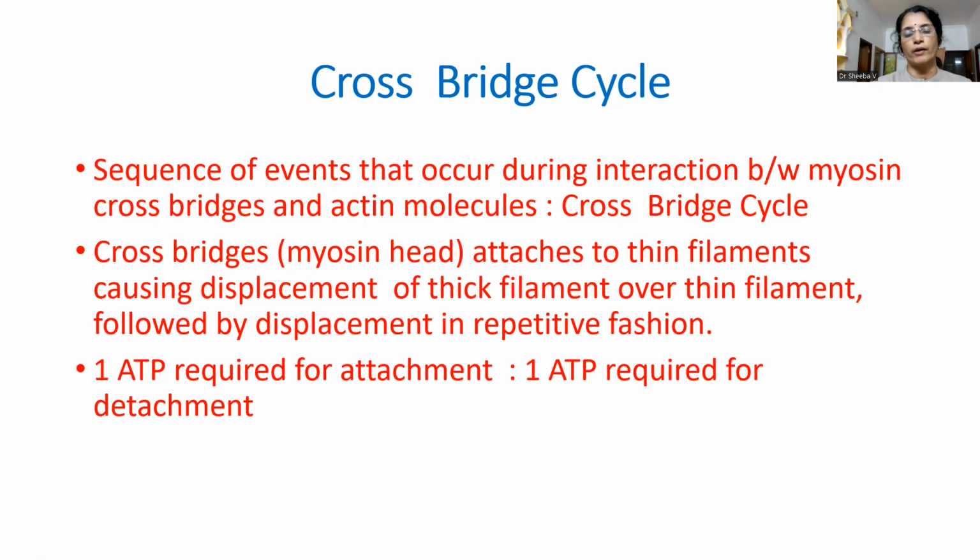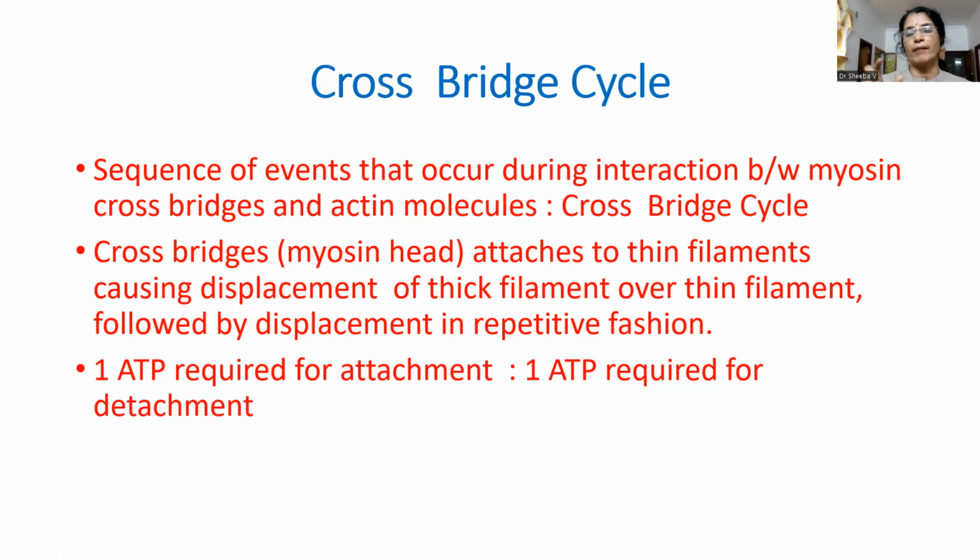The cross bridge, or myosin head, attaches to the thin filament, causing displacement of the filament, followed by displacement in a repetitive fashion. Once the myosin cross bridge attaches to an active site, it detaches and again attaches to another active site. Like this, movement of the myosin cross bridge along the active sites of actin takes place.